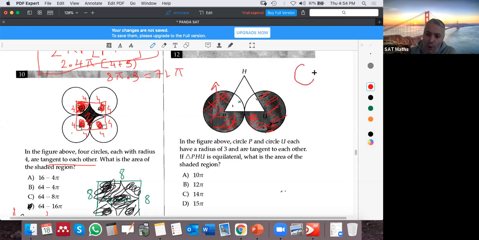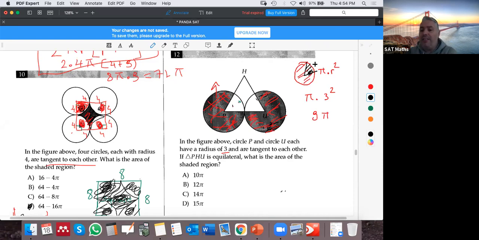Imagine this is a whole circle, I mean all the area I am looking for. How can I find it? Pi times r squared. Pi times r, which is given here as 3, squared, which is 9 pi. 9 pi is all, but I do not want this part, so I have to remove this part.